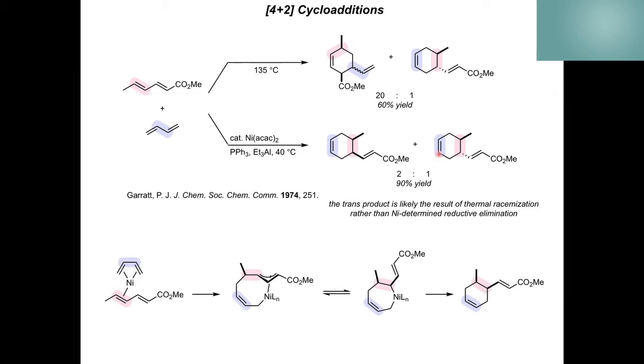And so that is the leading hypothesis coming out of this work. We might, in other ways, think that the trans isomer would be much more likely to be preferred, but coming out of that reductive elimination would be the stereodetermining step in that process.